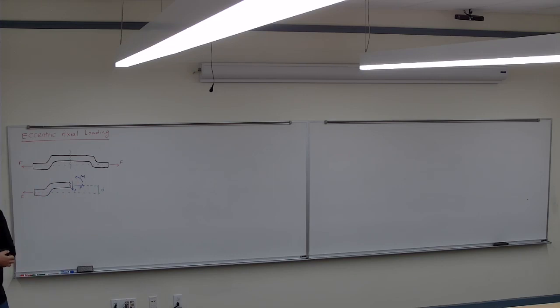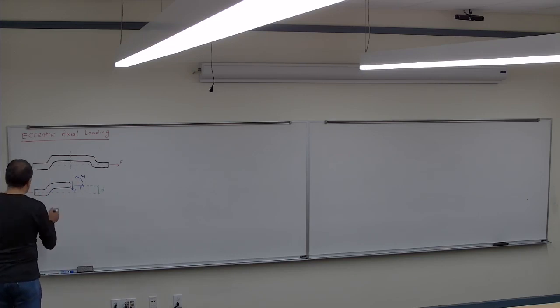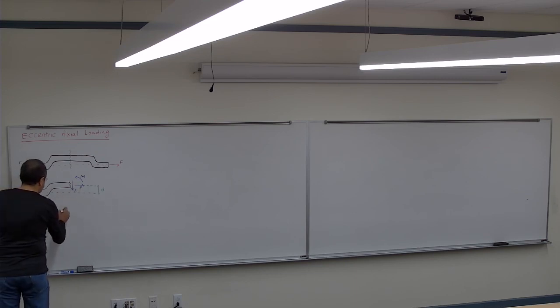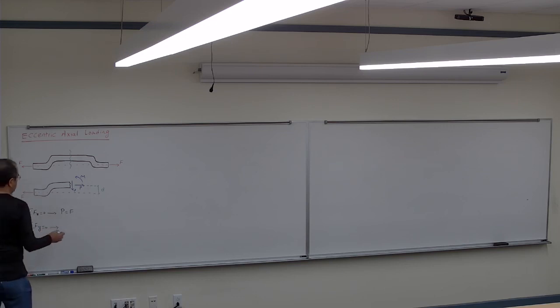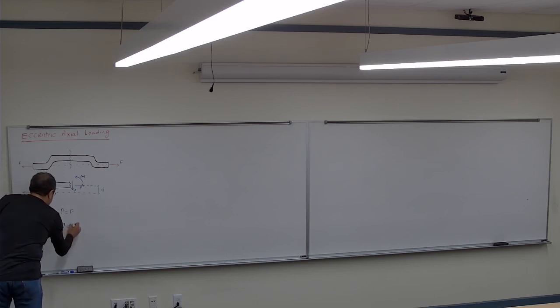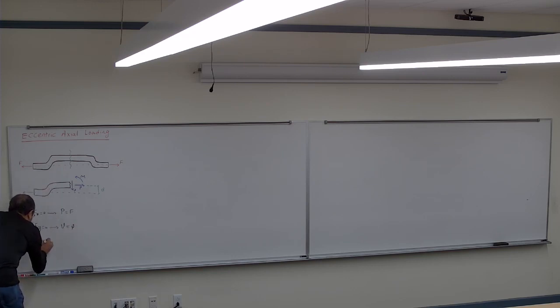So I'm going to write the equilibrium equations. Sigma Fx is 0, so P would be equal to F. That's the axial load. Then sigma Fy is 0, which tells me V would be 0. Then sigma M is 0.